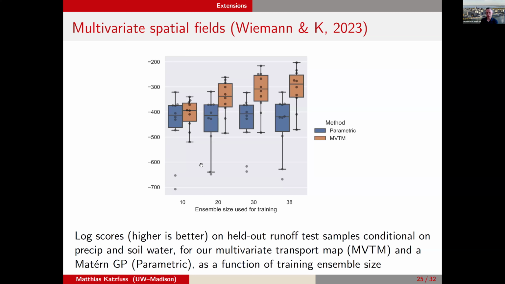And you can see as we get more training data, our multivariate transport map is able to get better and better scores relative to this parametric method, which is very parametric, so it's not going to improve all too much anymore once you have a certain number of samples. So even if we had 200 samples, we'd probably still get fairly similar scores as we do here with the parametric method, but our method improves as we get more and more samples.